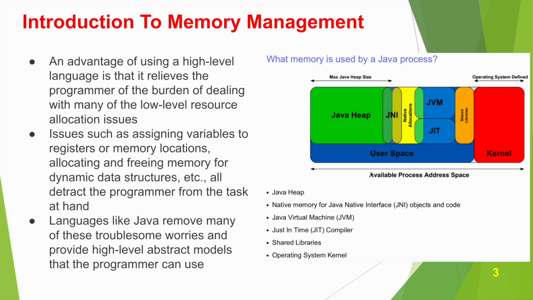Java heap, native memory for Java interface, Java virtual machine, and the space taken up by the Java compiler, which is the just-in-time JIT compiler, and the shared libraries, and obviously the operating system kernel. This is just a map of what memory is used by a Java process.